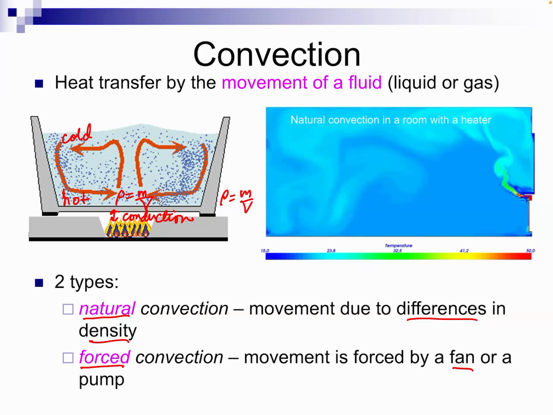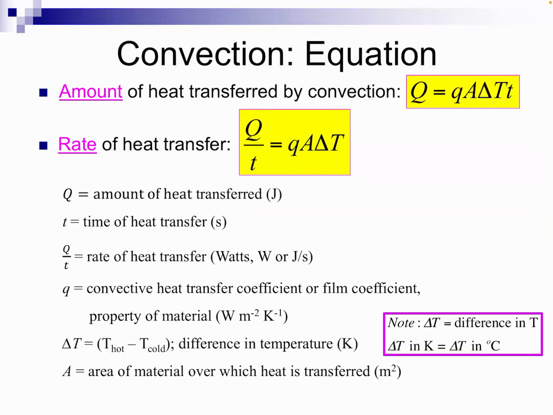I hope that's okay. So for finding the amount of heat transferred by convection, we can analyze this similarly to how we did in heat transfer by conduction. So the amount of heat is equal to h times A times delta T times t. Here h is a property called the convective heat transfer coefficient or film coefficient.